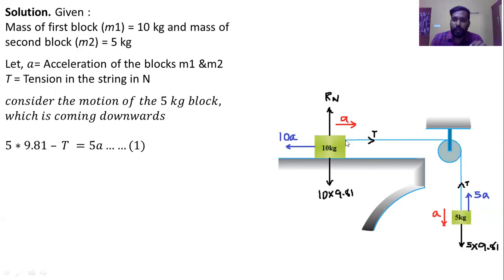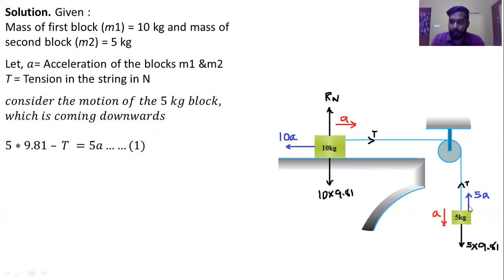So if you pull this 10 kilogram block by a small force, like 0.1 Newton or something, then suddenly this block will go rightwards, because there is no friction between the block and the surface. So this is a hypothetical case. In the real case there should definitely be frictional force.